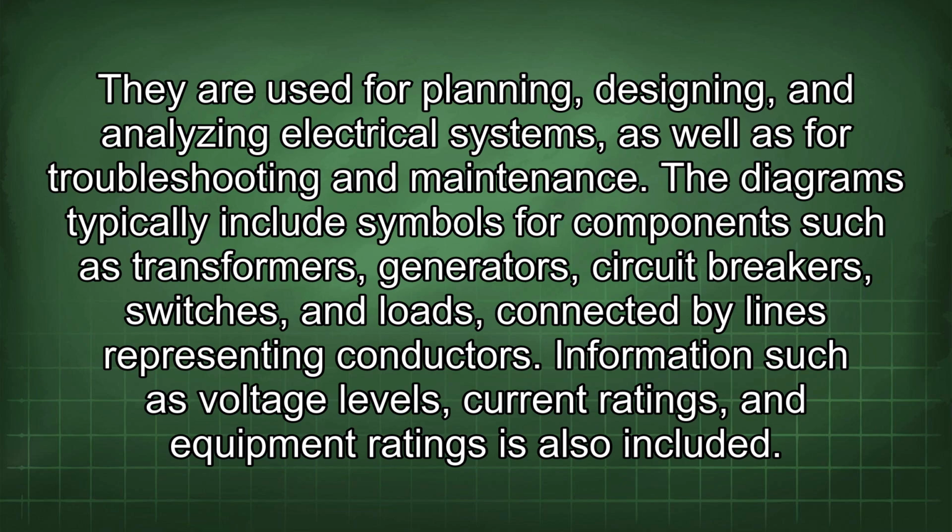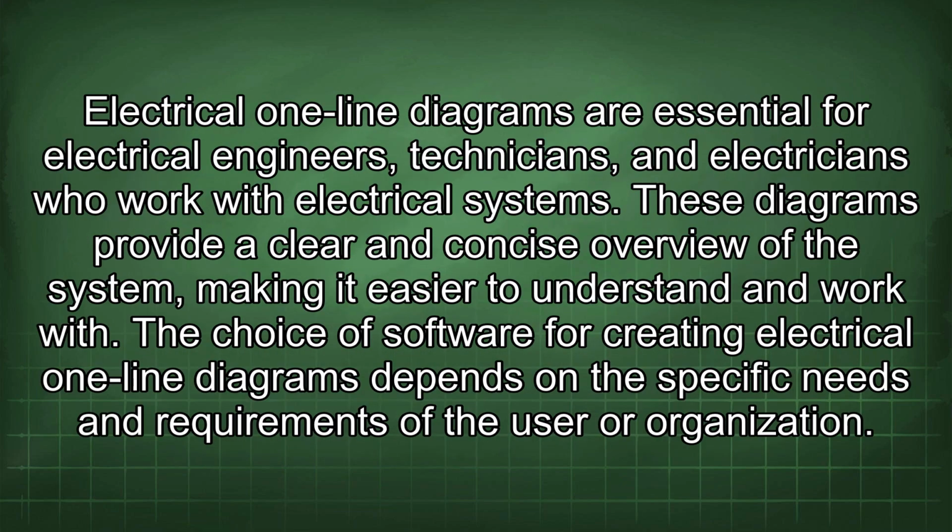Information such as voltage levels, current ratings, and equipment ratings is also included. Electrical one-line diagrams are essential for electrical engineers, technicians, and electricians who work with electrical systems. These diagrams provide a clear and concise overview of the system, making it easier to understand and work with.